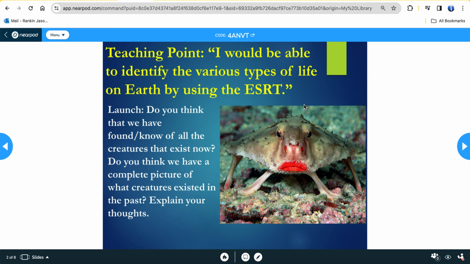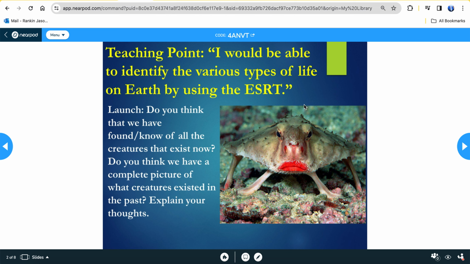Unfortunately, we're not too sure of those organisms that live there. We began to scratch the surface a little bit, but we're not too sure of every single creature or organism that exists today.